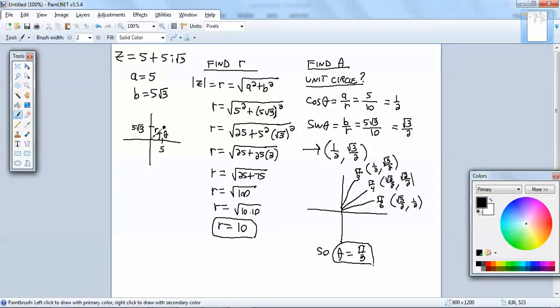These are kind of our main elements here. So our polar representation is going to be r, and then we have our CIS of theta. So r is 10, CIS of theta, which is pi over 3.